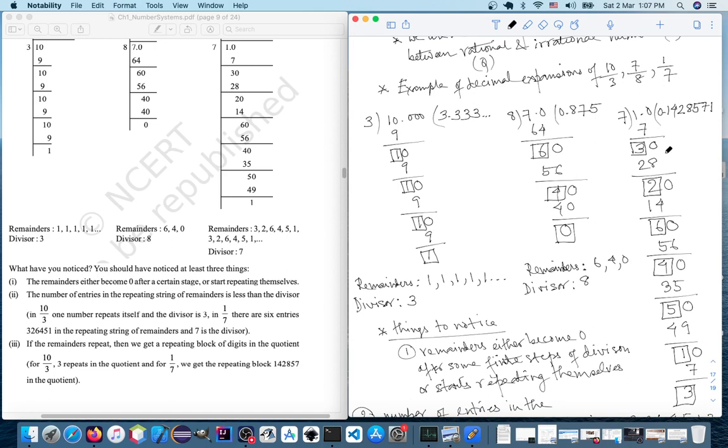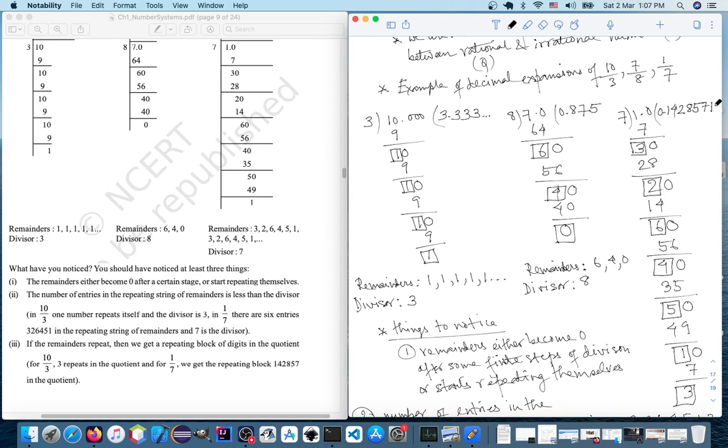For the third case, the digits after the decimal point in the quotient are 142857. Again 1 has come up. So after 1, it will again be 4, 2, 8, 5, 7, and so on.